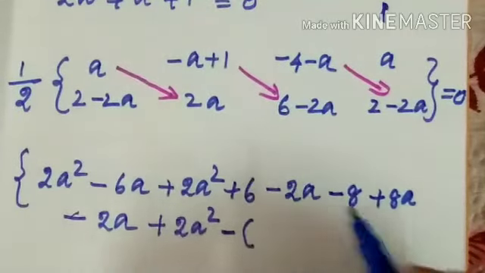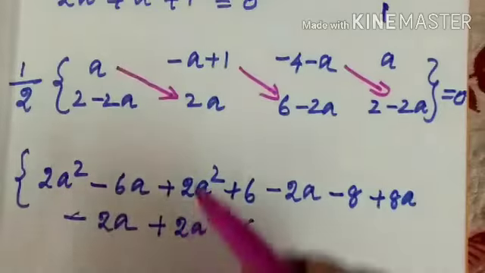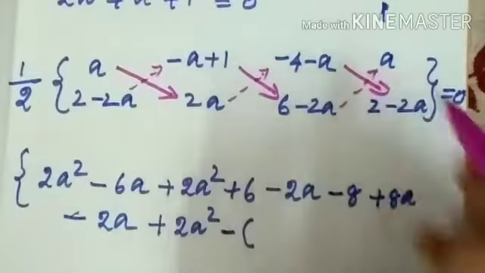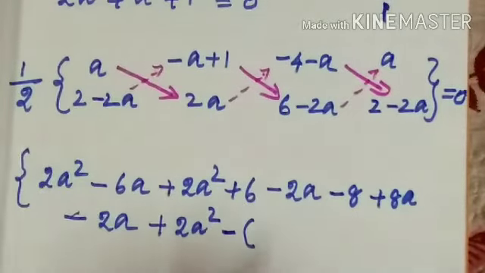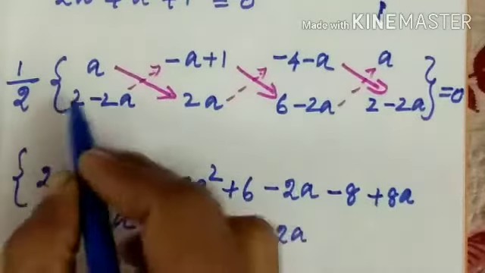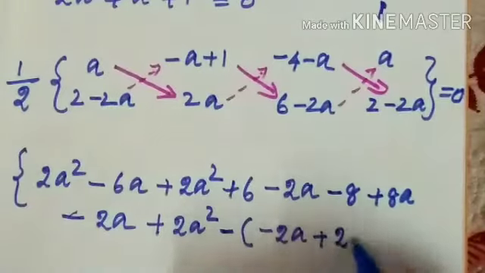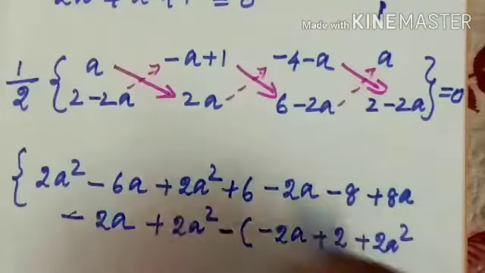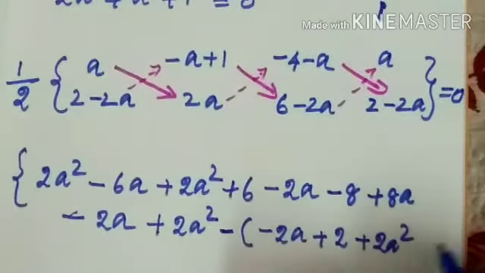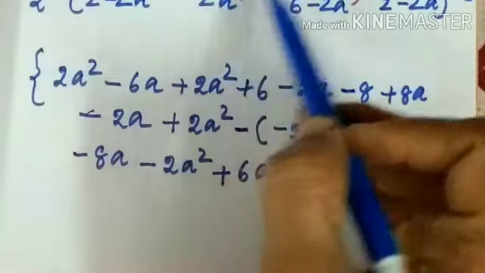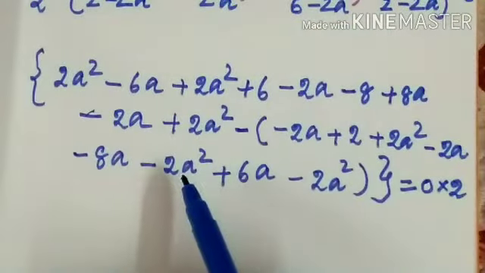Now you have to multiply from bottom to top. Then we get minus of 2 into minus a, minus 2a, 2 into plus 1, plus 2, minus 2a into minus a, plus 2a squared, then minus 2a into plus 1, minus 2a. 2a into minus 4, we get minus 8a, then 2a into minus a, minus 2a squared.